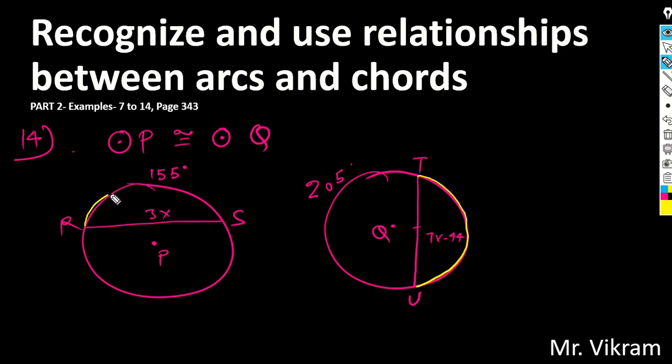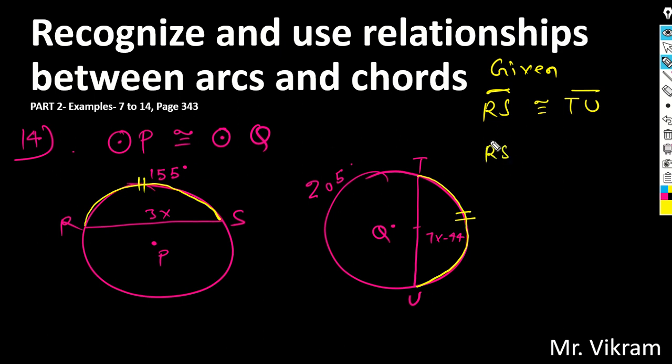In our circle P, this is a minor arc. So chord RS is congruent to chord TU. This is given information. So if these two are congruent, then what will happen? Arc TU is congruent to arc RS.